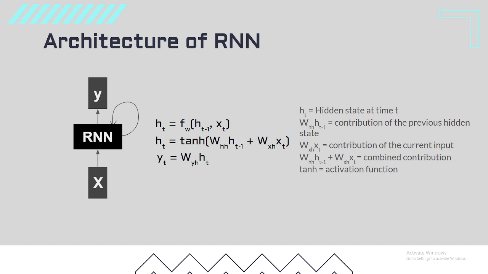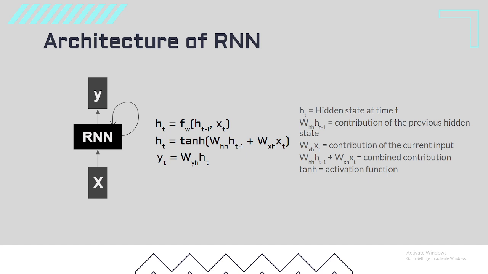So we combine them like this: h_t = tanh(W_hh h_{t-1} + W_xh x_t). Here, the hyperbolic tangent function is our activation function, which helps keep the values bounded and stable.